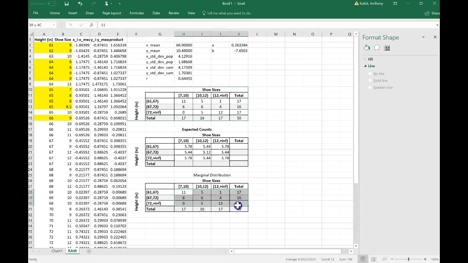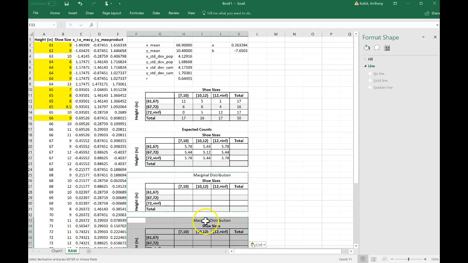And I'm going to clear out the data that's in it, because I'm going to fill in the marginal distributions for this table. And I'm going to do something similar for the conditional distribution. So I'm just going to, again, copy and paste this table.